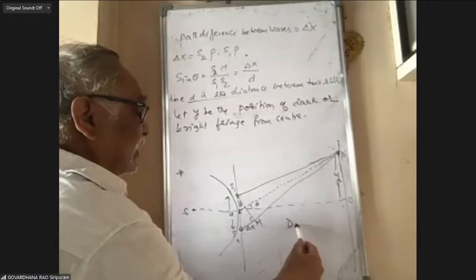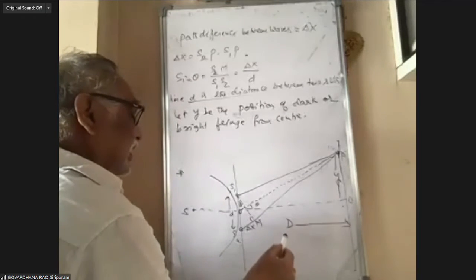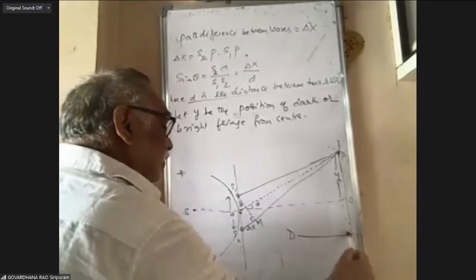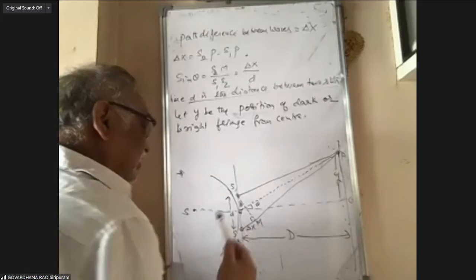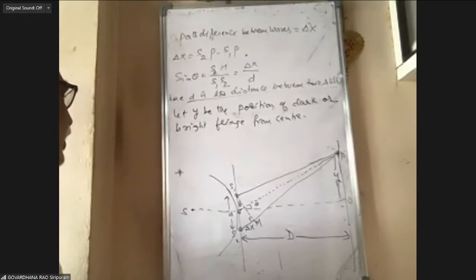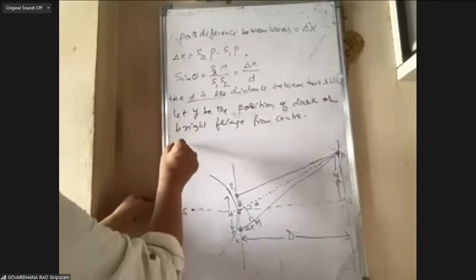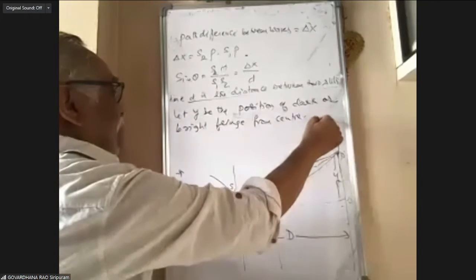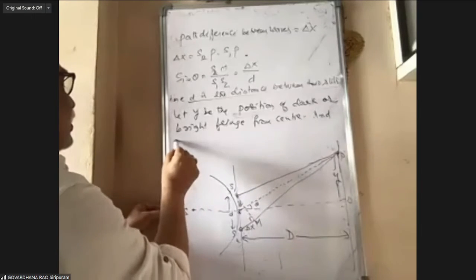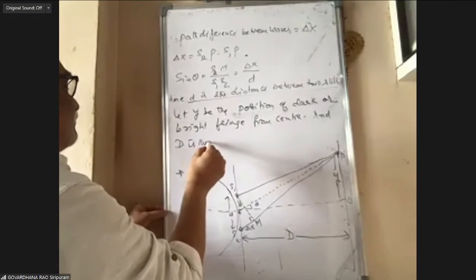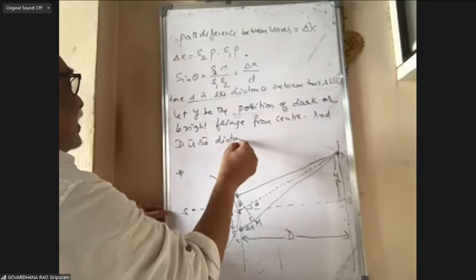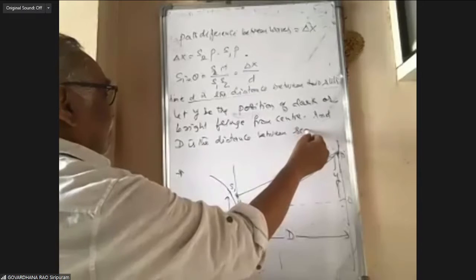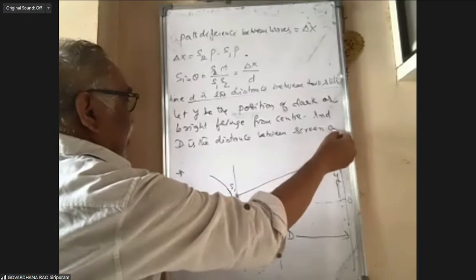And capital D is the distance between the screen and the slits.